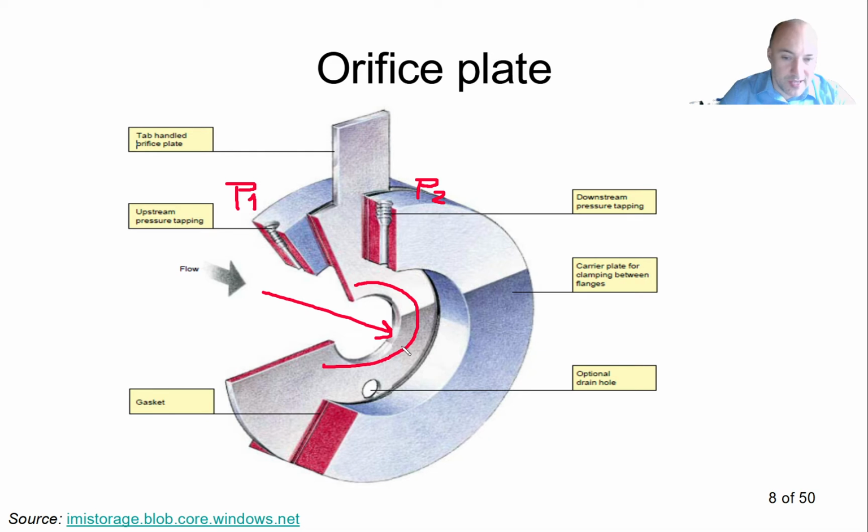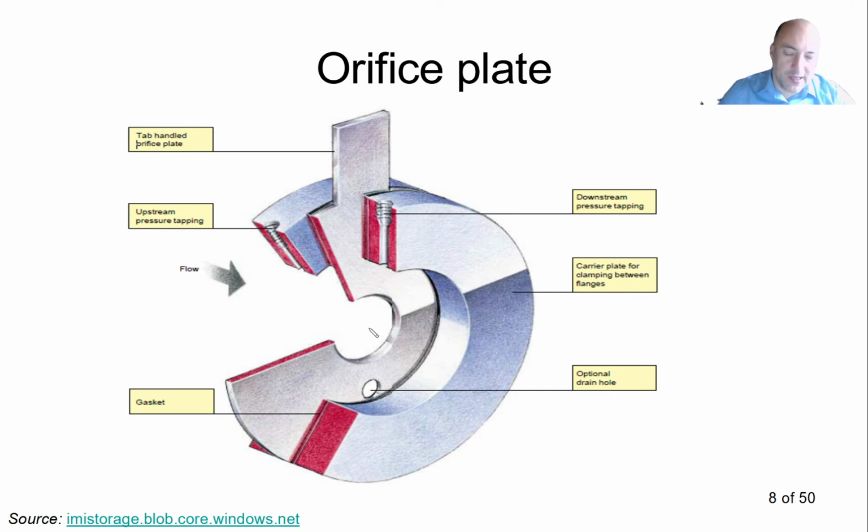So it's not as simple as making a normal hole and then tapping it anywhere. It needs to be very accurately manufactured. You can see that we now have an artificial restriction in the flow.